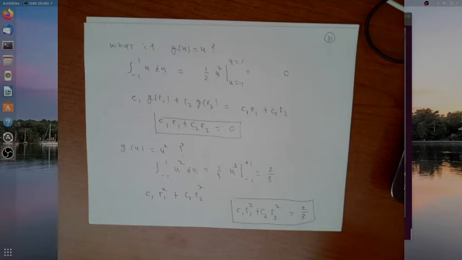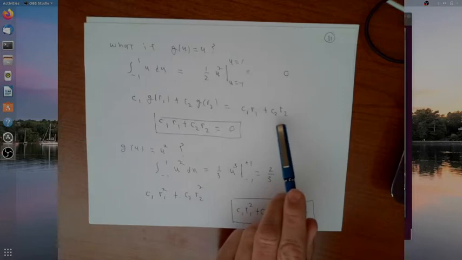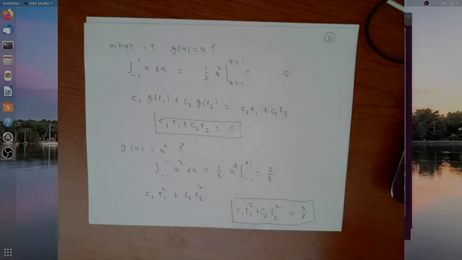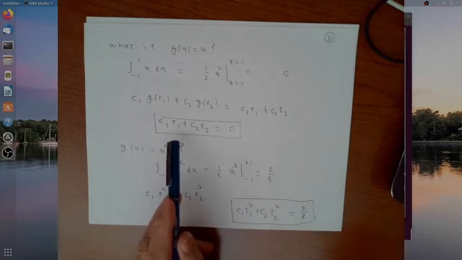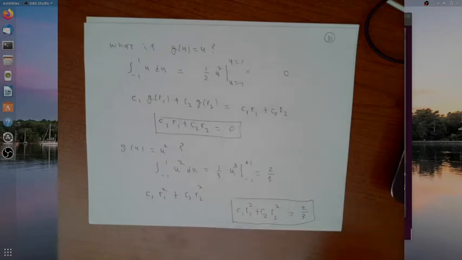The approximation method, then, is going to be c1 r1 plus c2 r2, and I want that to equal the exact value of the integral of u with respect to u. So this means c1 r1 plus c2 r2 needs to equal 0.